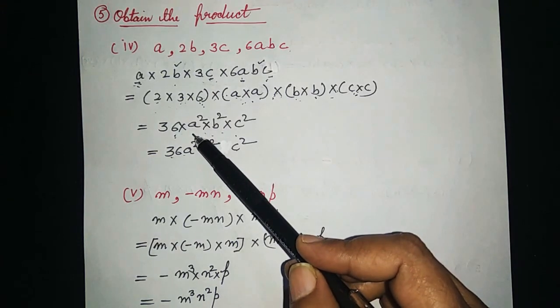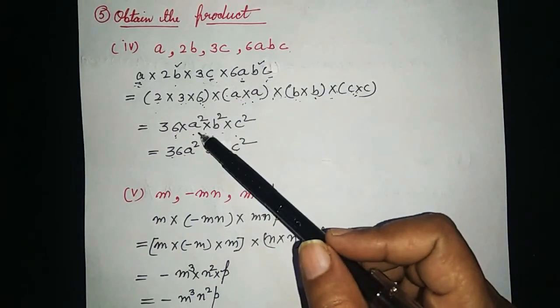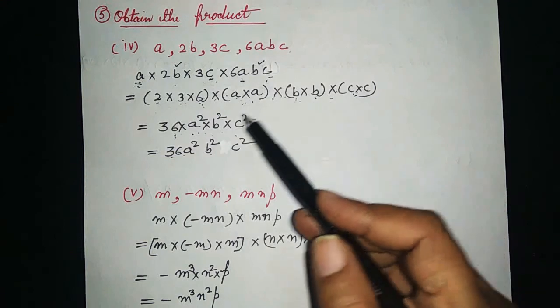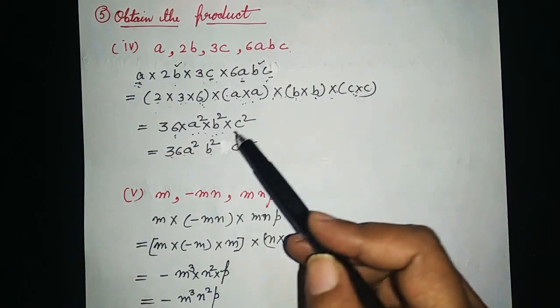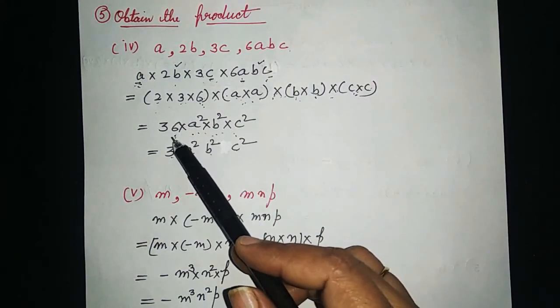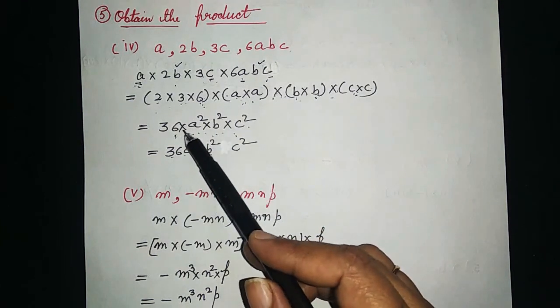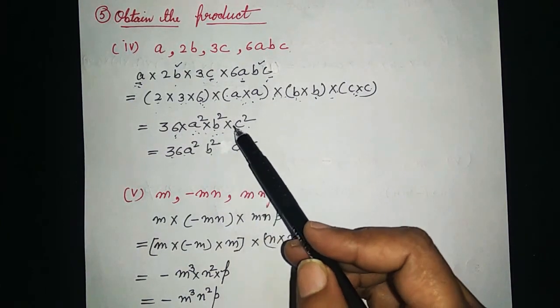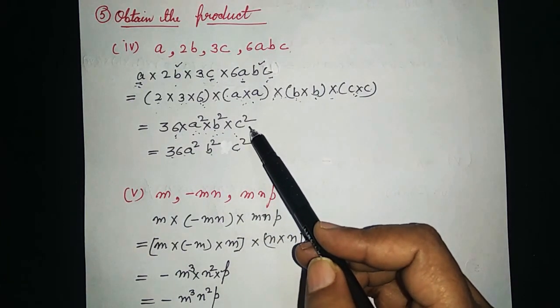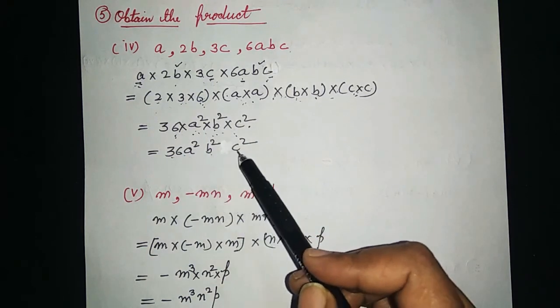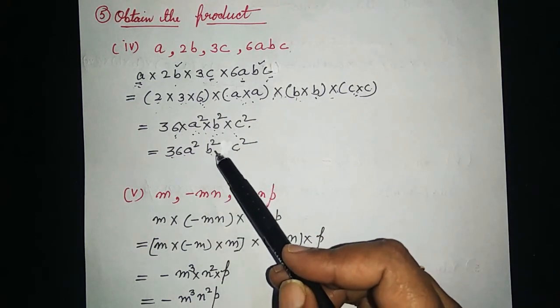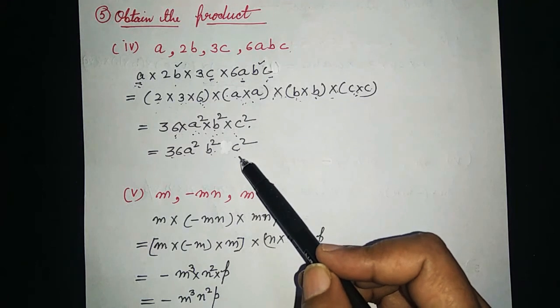What comes? a square. Into sign we will put here. b into b, b square. c into c, c square. Now what is coming? 36 into a square into b square into c square, which we can write like this, 36 a square b square c square.